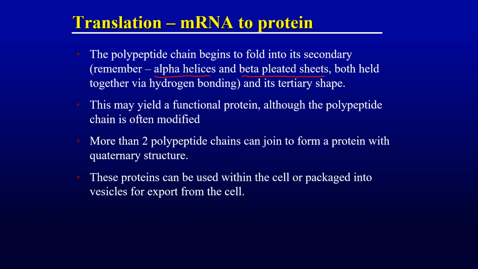They might be something that's important within the cell, or they can be packaged into vesicles for export from the cell. In the case of the human insulin protein, it's modified and then it's packaged into vesicles, and it's exported from cells of the pancreas where it's produced, released into the bloodstream, and there it can help regulate blood glucose levels. Pretty cool stuff.